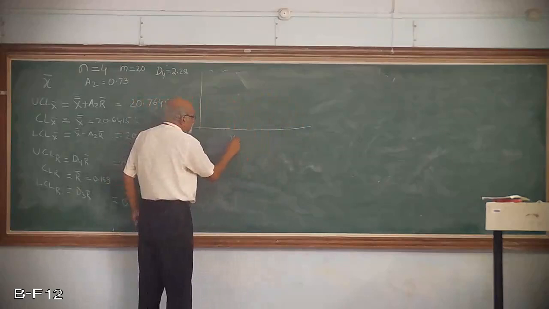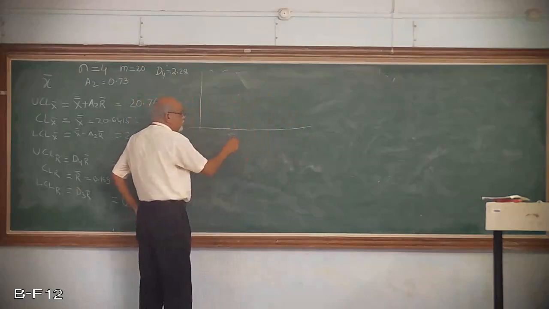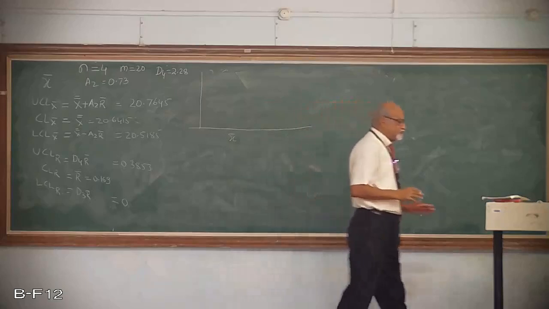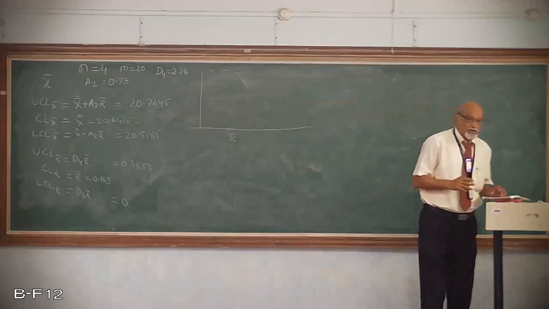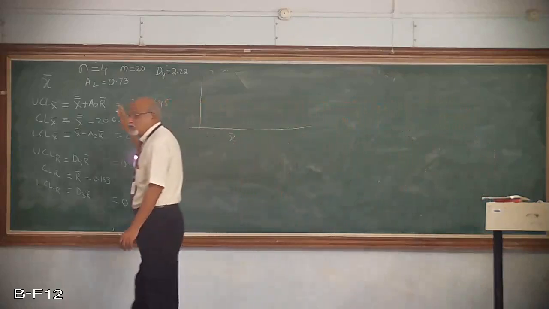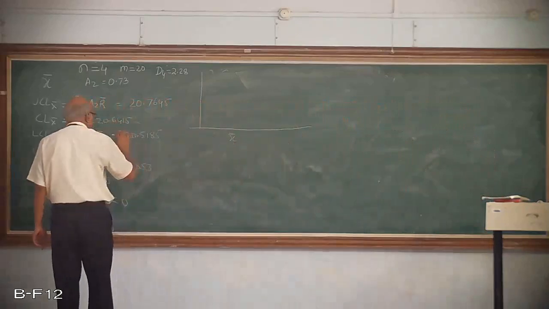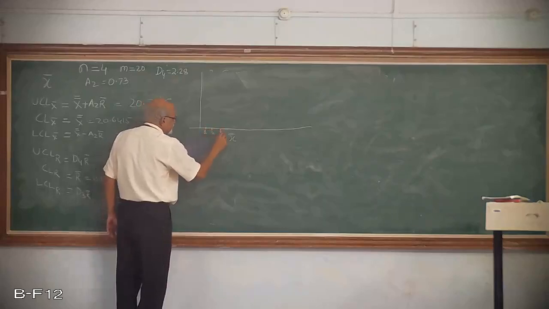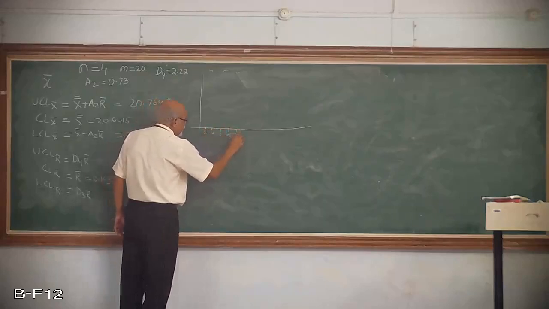This is for X bar chart. Along the x-axis, we are going to represent the samples which are taken in chronological order, like first sample, second sample, third sample, fourth sample, fifth, like that.